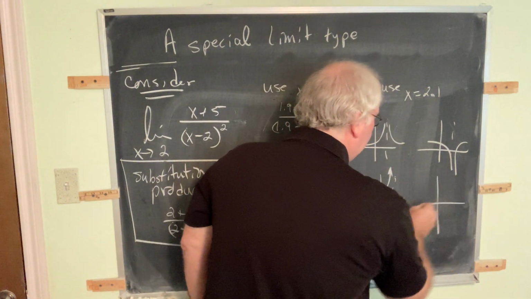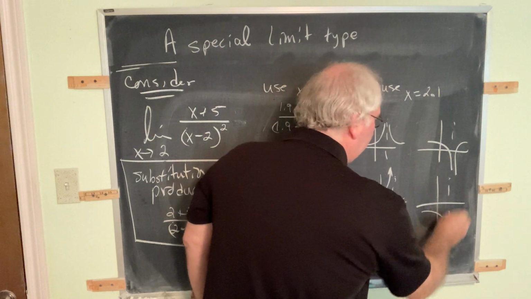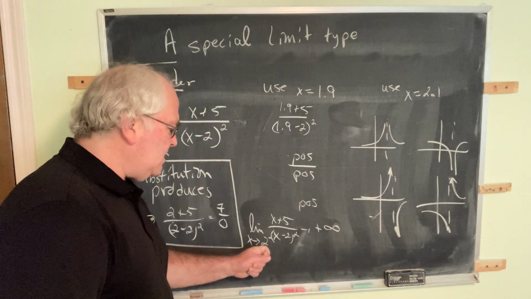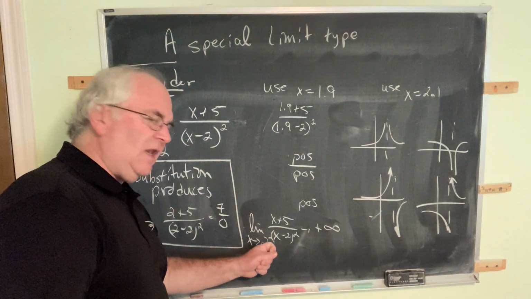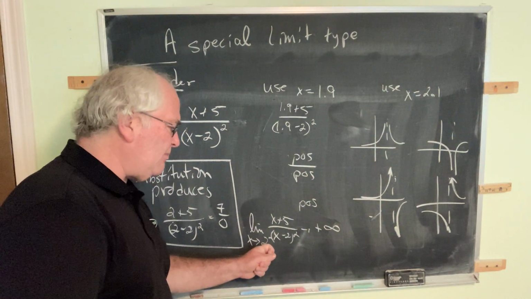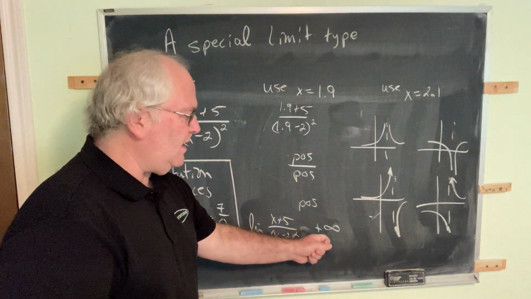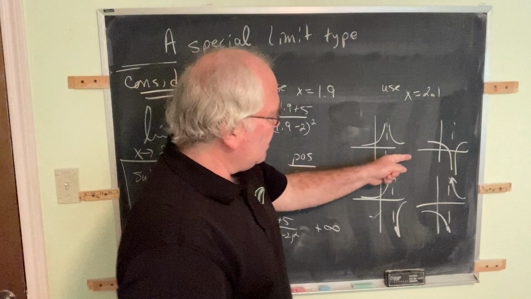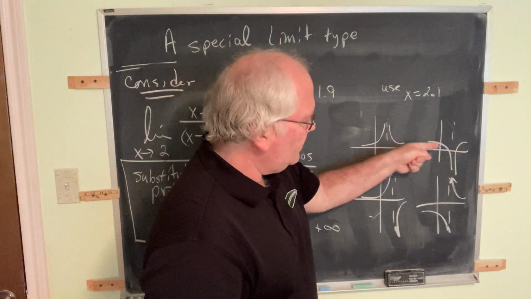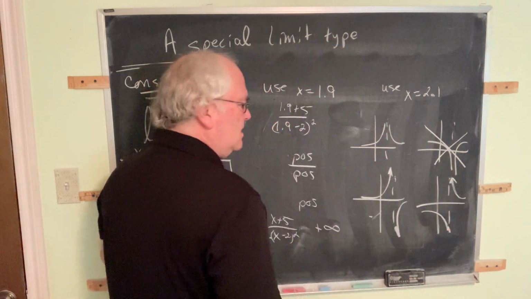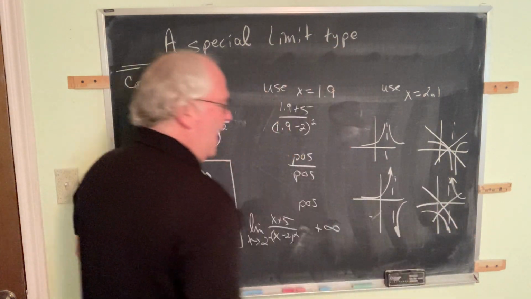And then the other possibility is negative infinity here, positive infinity here. And what we have just found is that as you approach 2 from the left-hand approach, it goes to positive infinity, which means it's not that, it's not that.